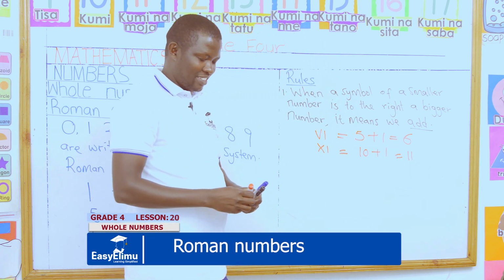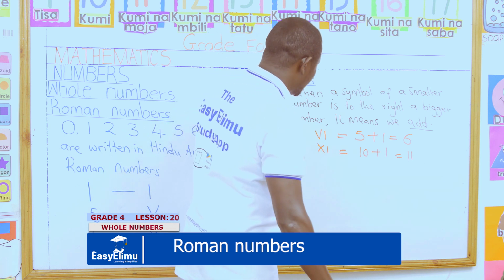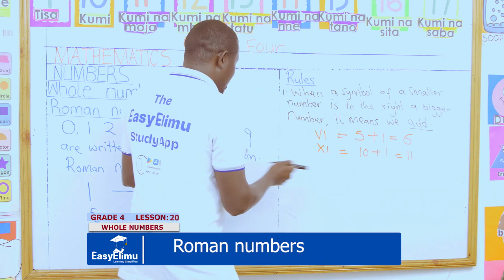Rule number 2, that is in a Roman system.